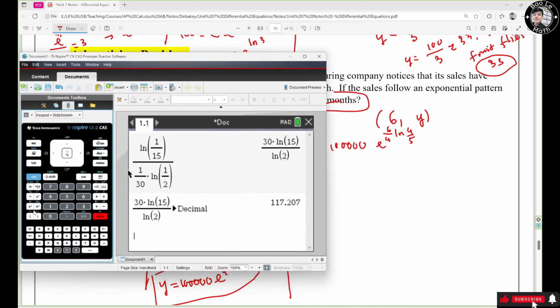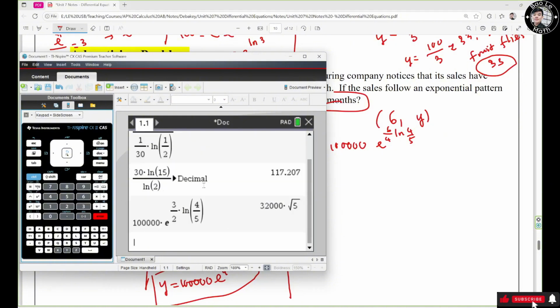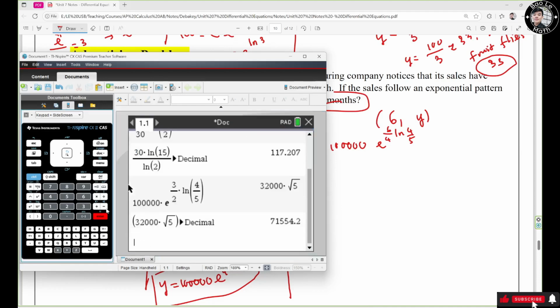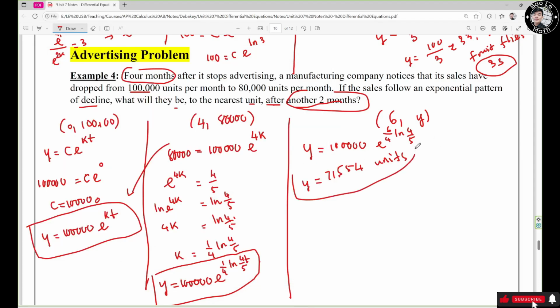So it could be 100,000 times e raised to the 6 over 4, which is 3 over 2, times natural log of 4 over 5. Then you hit enter. Convert this to decimal. So hit menu, number, convert to decimal, hit enter. The answer is 71,554, right? Because you need to round to the nearest unit.